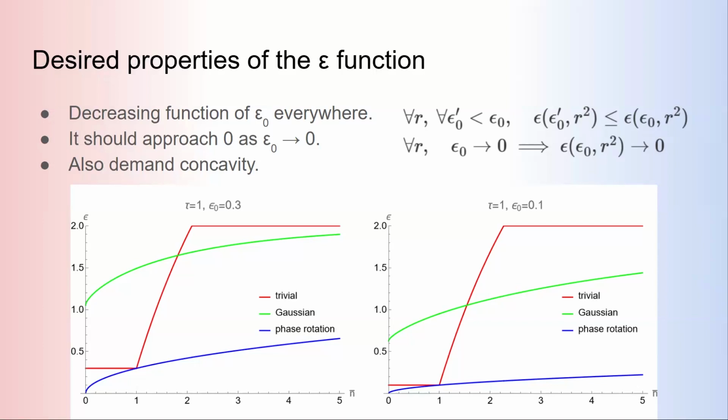The point is that as epsilon naught goes to 0, it does converge. So if we have enough samples, we can make it non-trivial anyway. That's a very weak condition, I agree, but it's something that is not obvious. But we can move on.